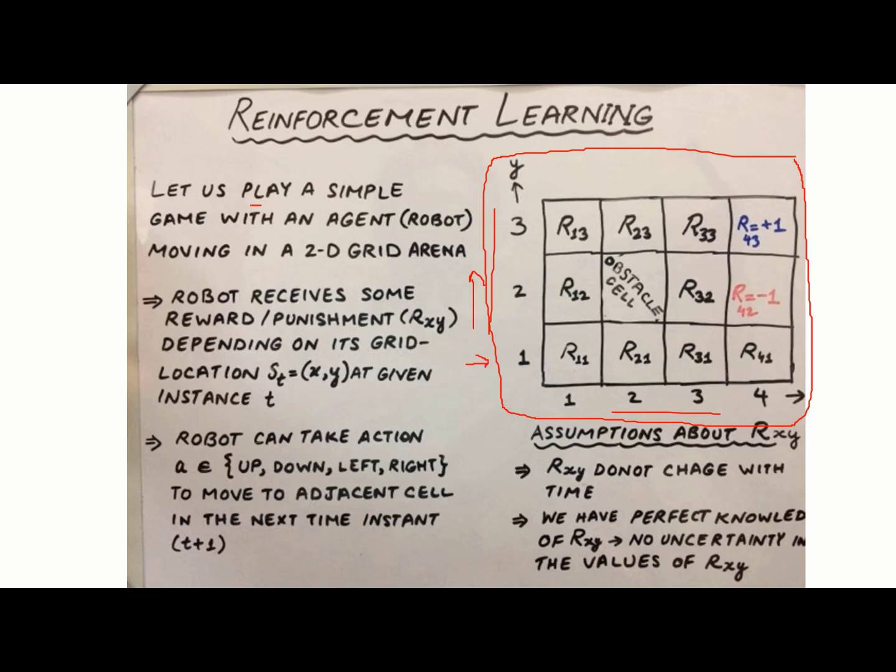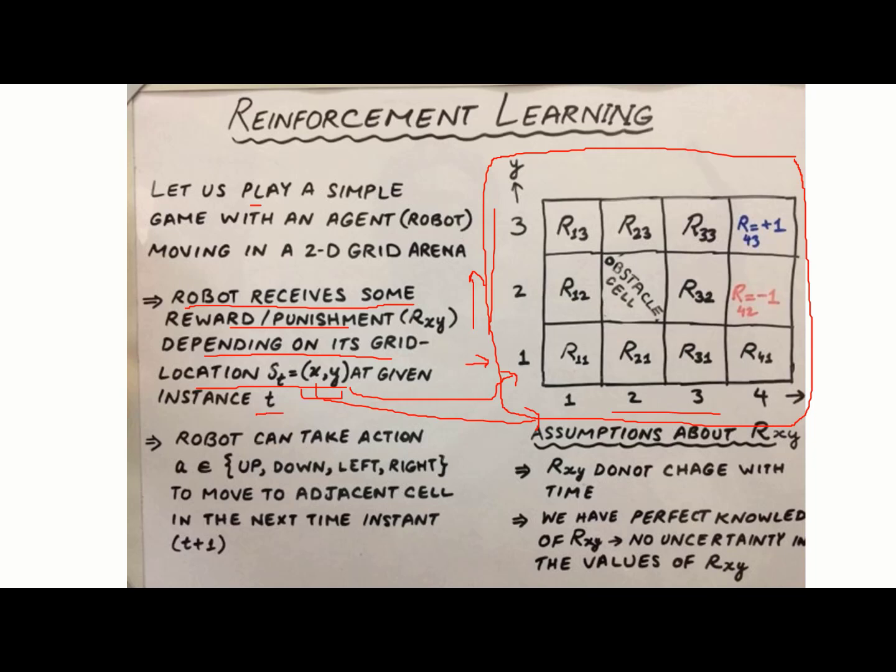So our robot, as it moves through the arena, receives some reward or punishment depending upon its location in the grid, represented by X and Y. So X represents the column number and Y represents the row number at any time t.